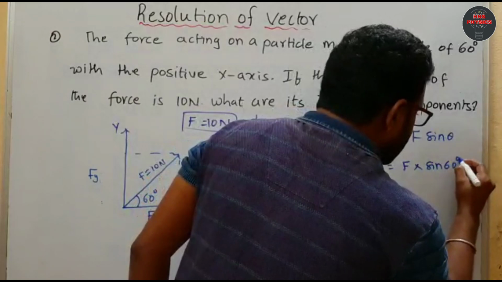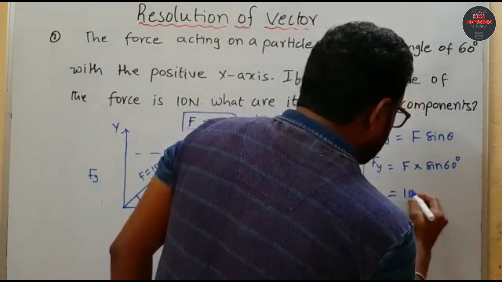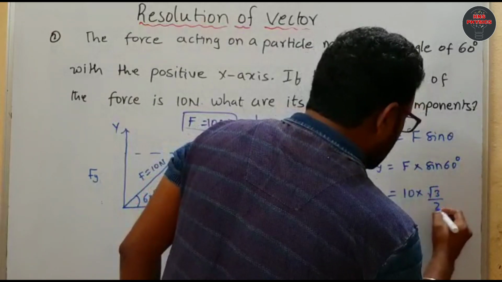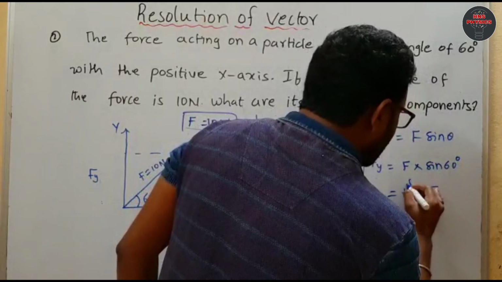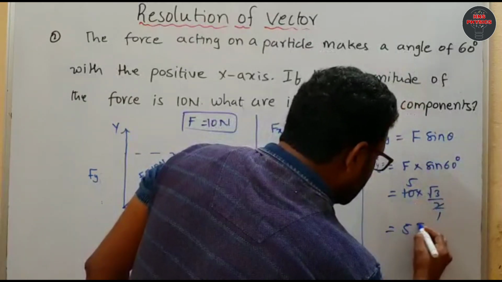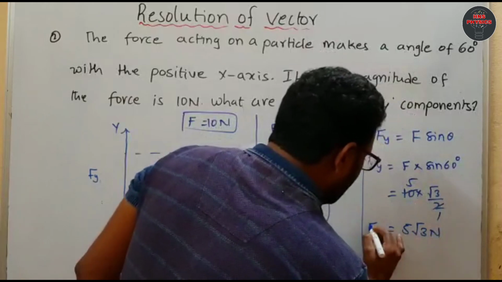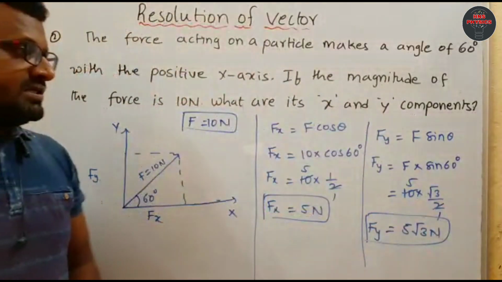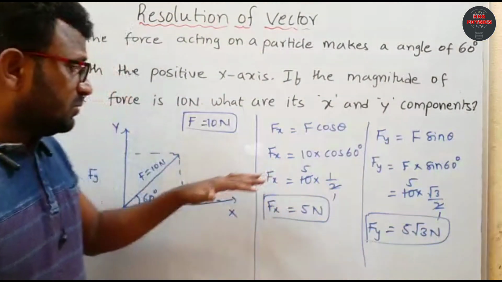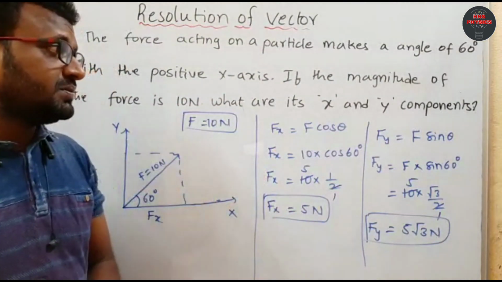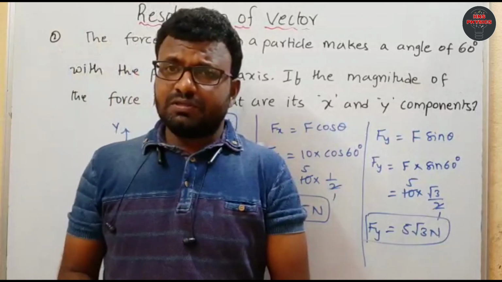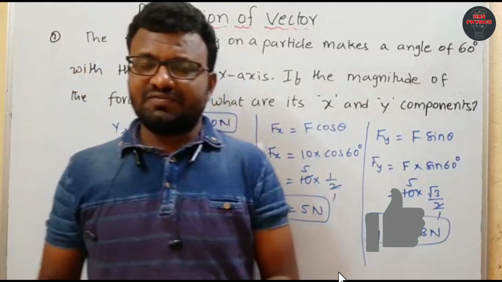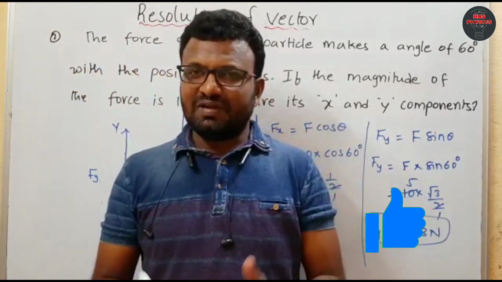Theta is 60 degrees, so 10 into sin 60, which is root 3 by 2. So 2 fives are 10, and it is 5 root 3 Newton. This is the vertical component. These are the numericals, and like this we can do the numerical problems.